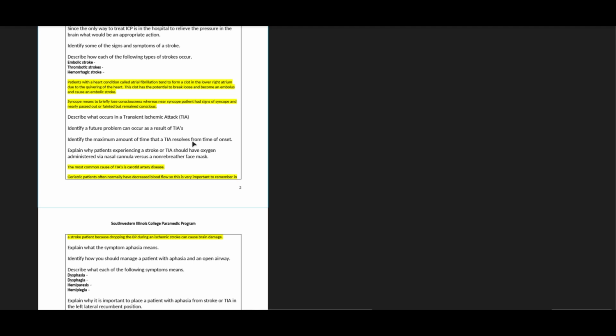But we want to avoid giving too much oxygen to these stroke patients if we don't have to. It's also that with stroke patients we have airway concerns, and with a non-rebreather mask we don't really want to cover their mouth if we're not actively managing their airway.